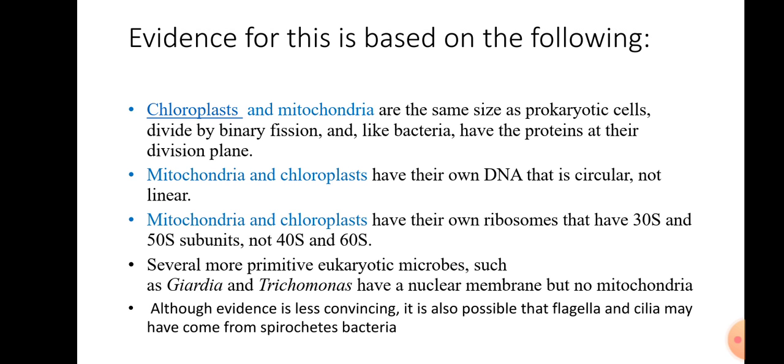We have something more, although the evidence is less convincing. Why do we say that this evidence is less convincing? It is possible that flagella and cilia may have come from spiral-shaped bacteria. This is also taken as another evidence.